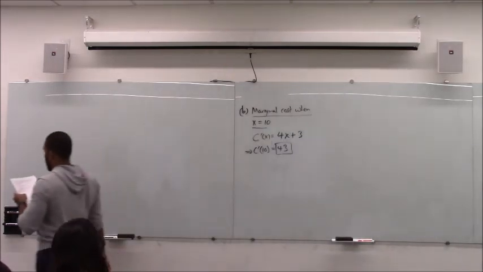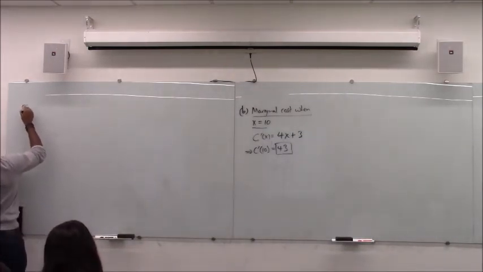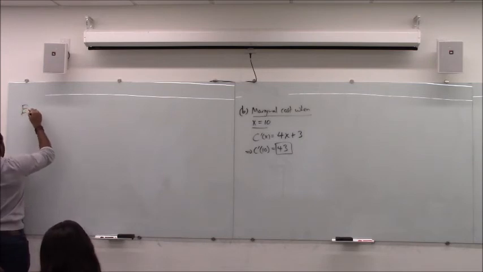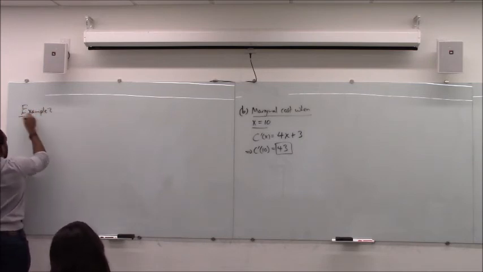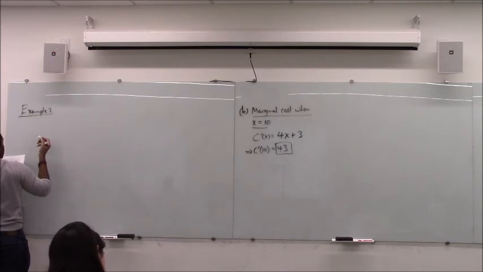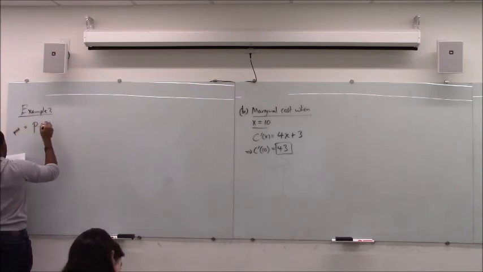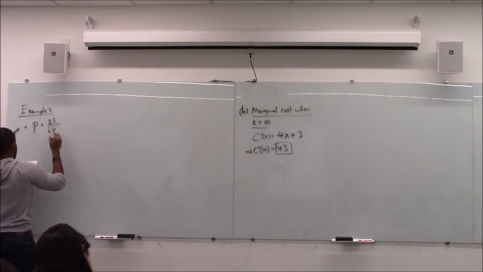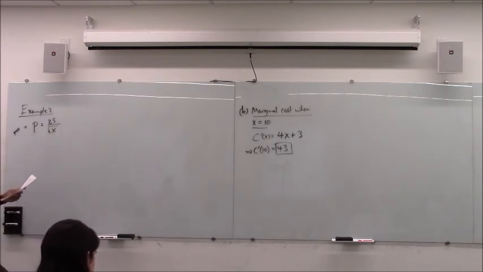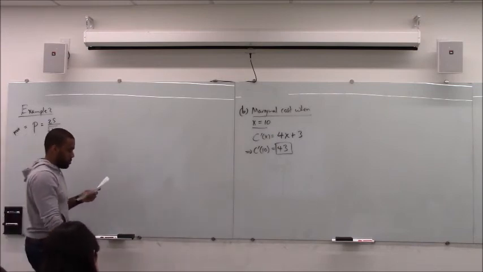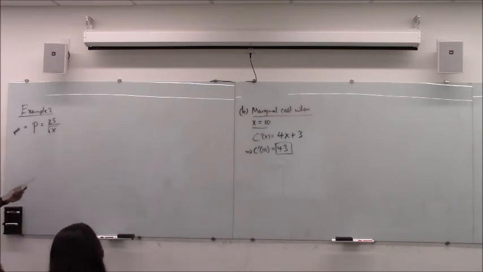So in example 2, I told you a demand function, which I call p for price. That's just little p, is 25 over square root of x. So that's the demand function.